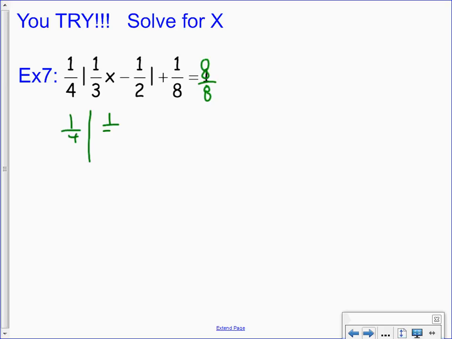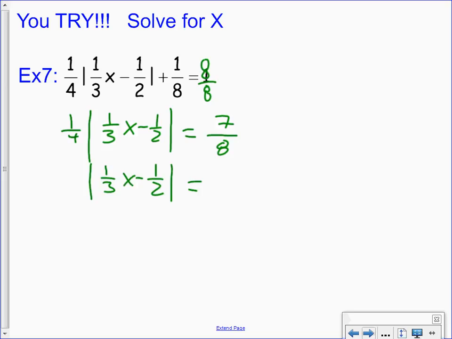1/4 absolute value 1/3 x minus 1/2 is equal to 7/8. I think you multiply by 1/4. You do multiply by 1/4. Basically, you multiply 4 to the other side, so 28/8.